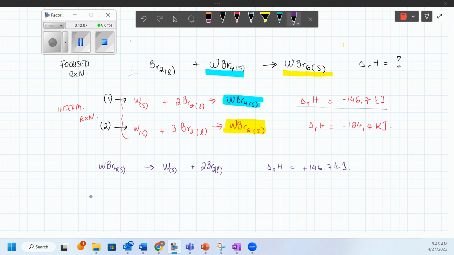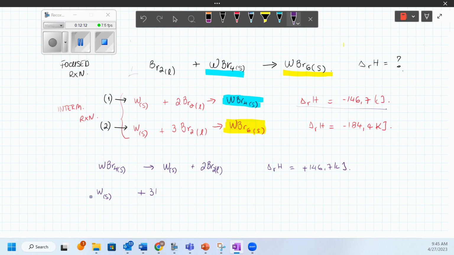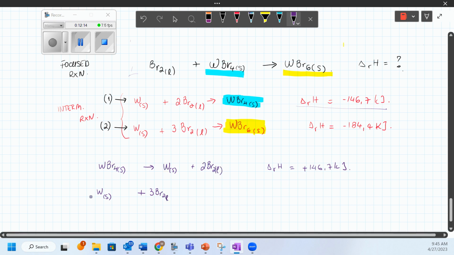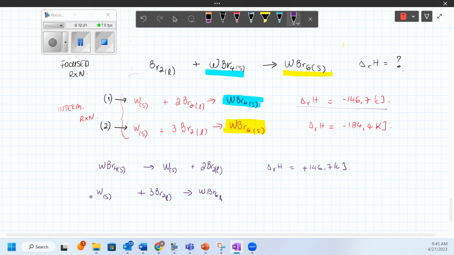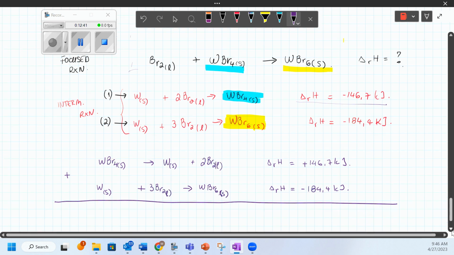And then saving it means that we will even save the enthalpy of WBr6. It means that we will save the enthalpy as negative 184.4 kilojoules. Okay, now what we do is we add them and see if we can cancel anything.